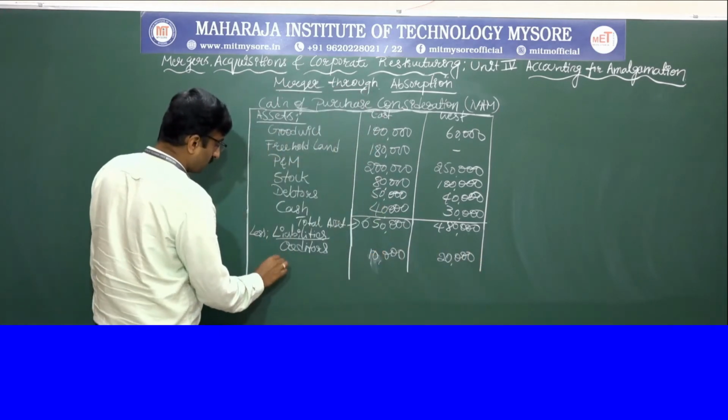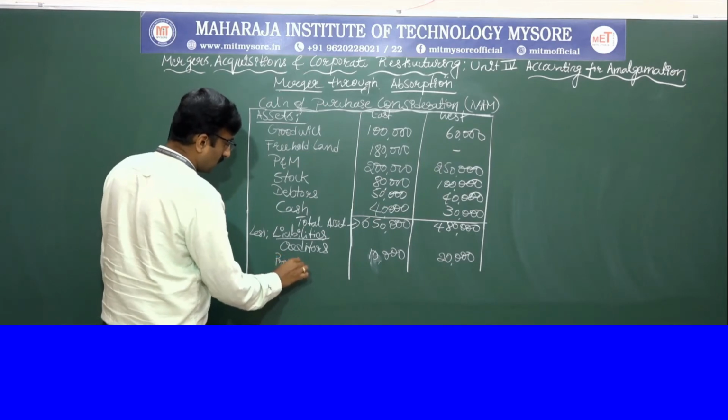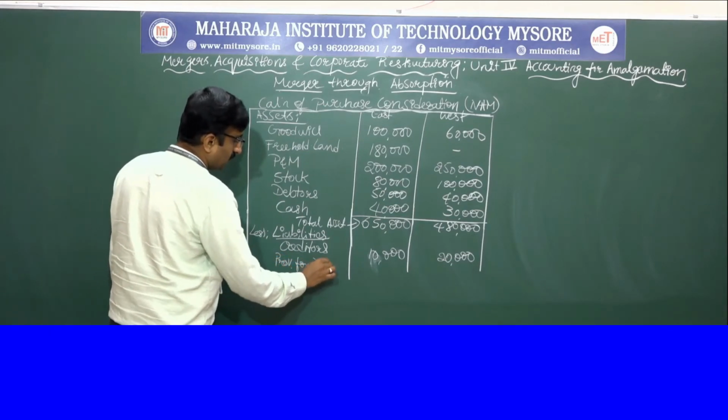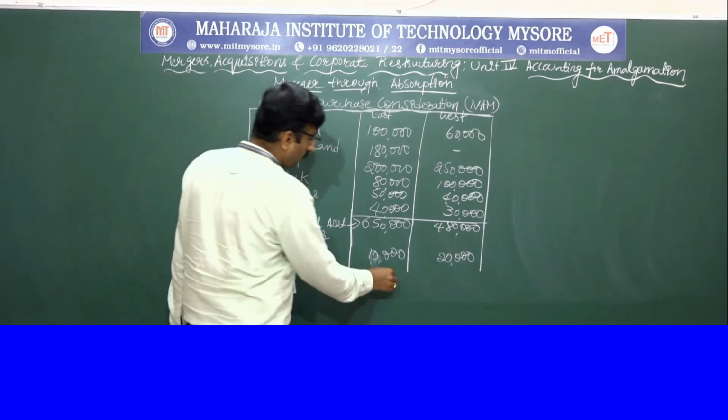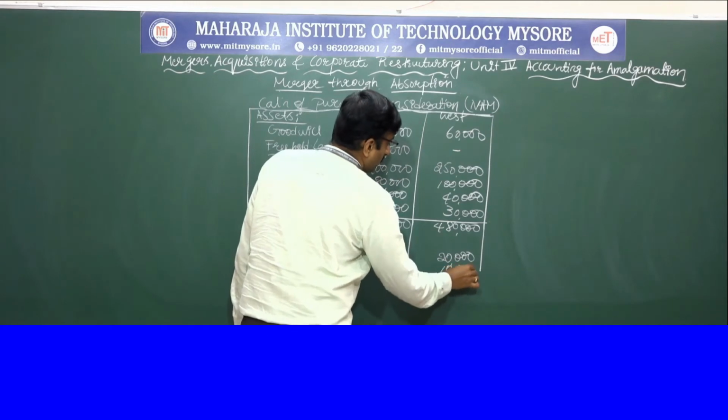Next, we have provision for depreciation. Provision for depreciation is 10,000 only in West Limited.